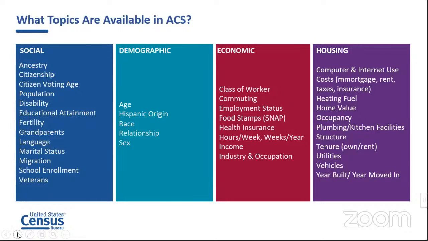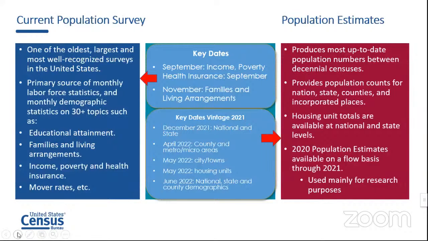So ACS has a lot of information that can prove valuable when you're looking for data to augment your grants, your strategic planning, just a community profile of your service area. You can get it from there.